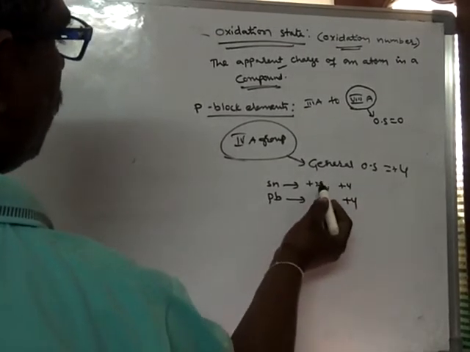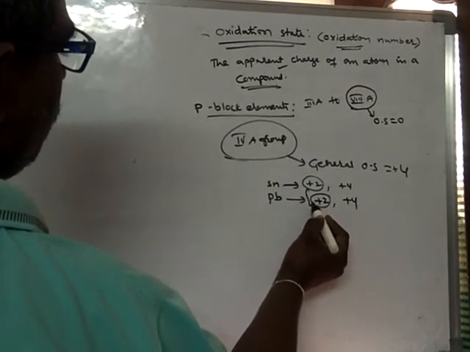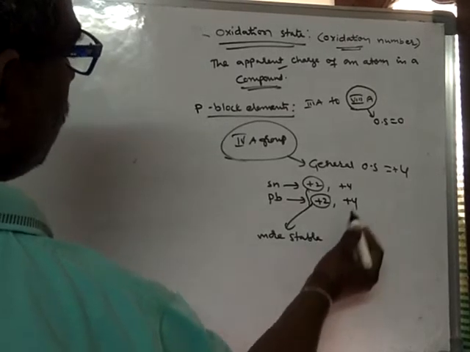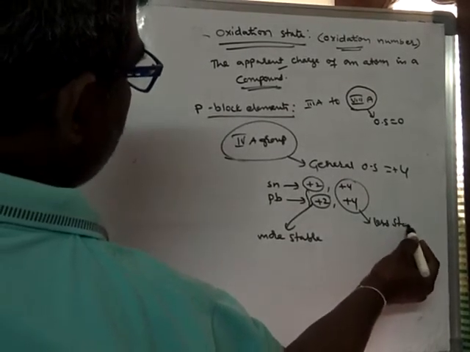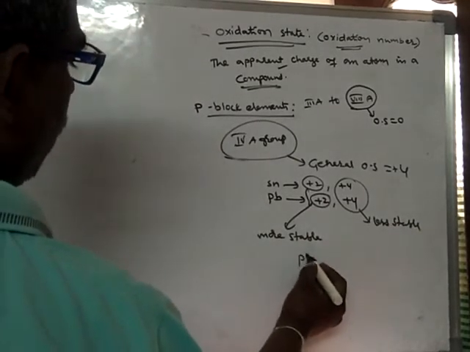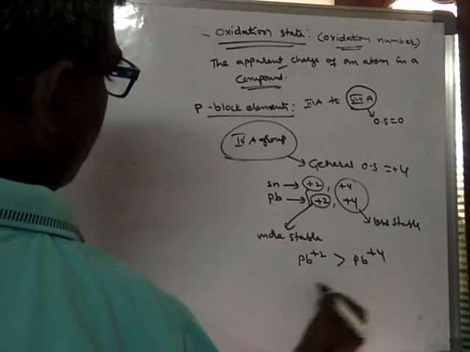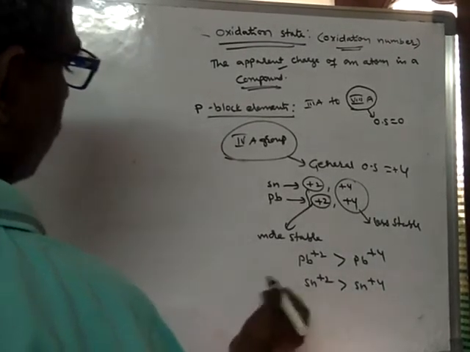Here the +2 state is more stable than +4, which is less stable. So Pb +2 is more stable than Pb +4. In the same way, Sn +2 is more stable than Sn +4.